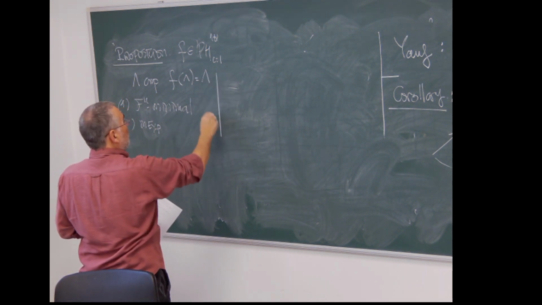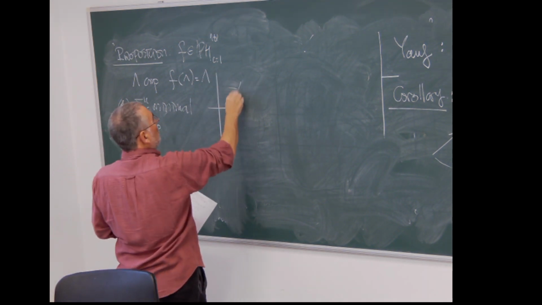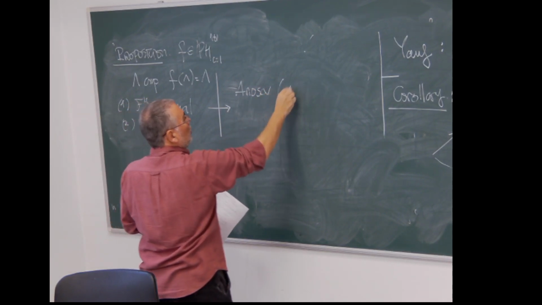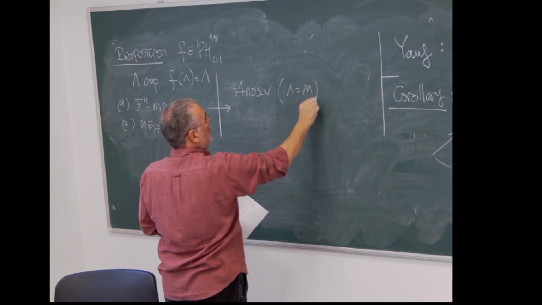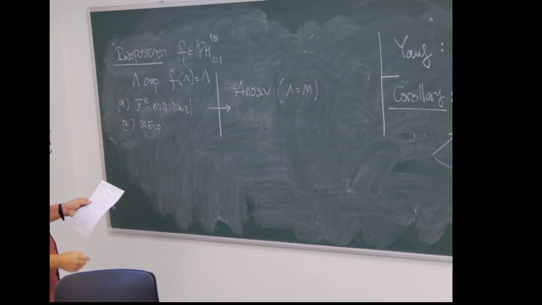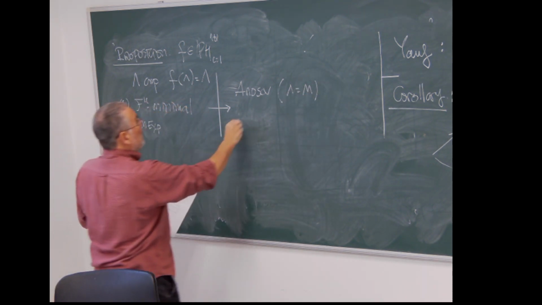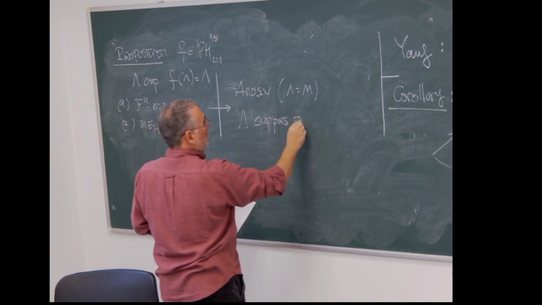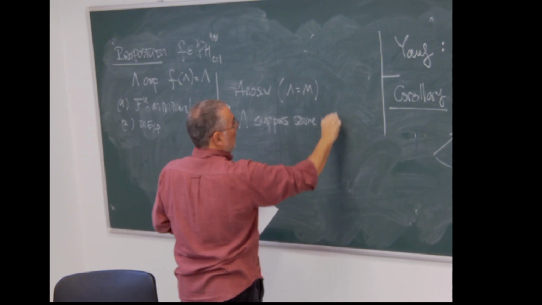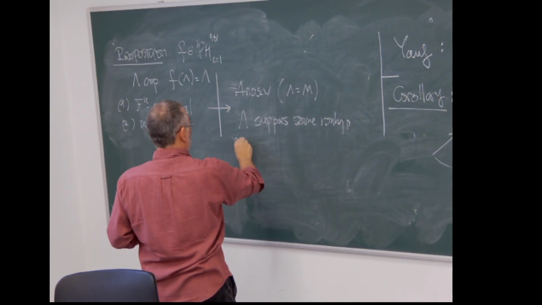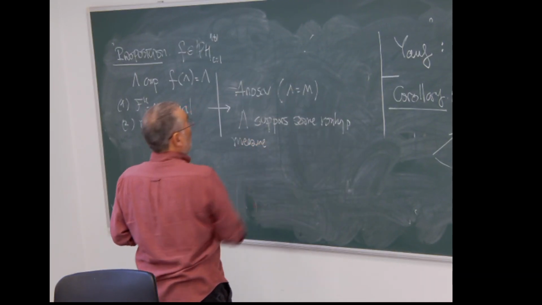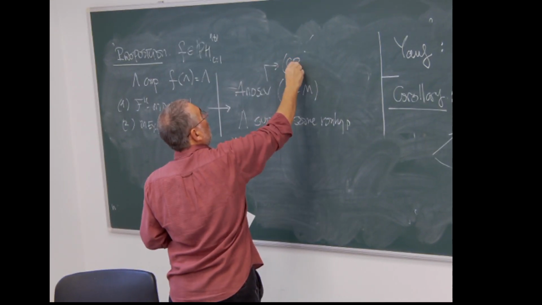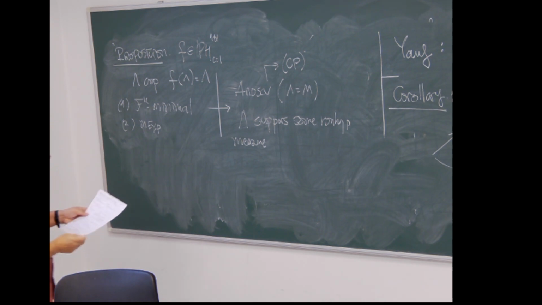And then when you have this condition, you have two possibilities: either the system is Anosov, then you need to prove that Lambda is equal to the whole manifold N, or Lambda supports some non-hyperbolic measure. In the first part, we need to use a theory of Crovisier-Potrie that I don't want to discuss.